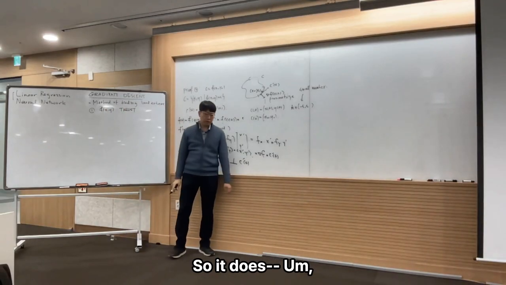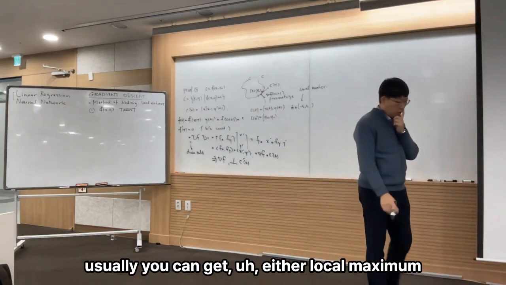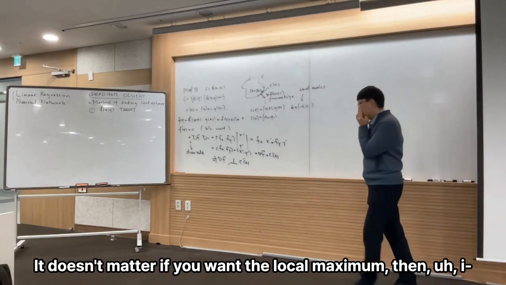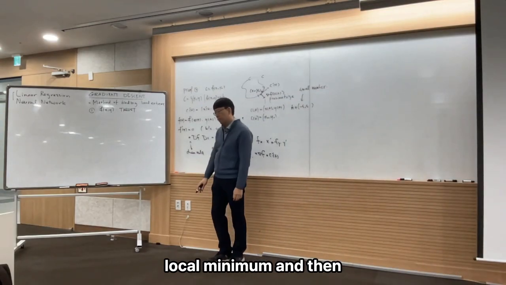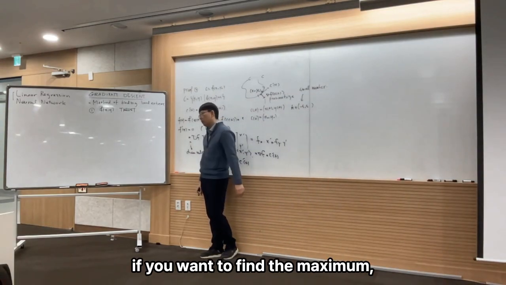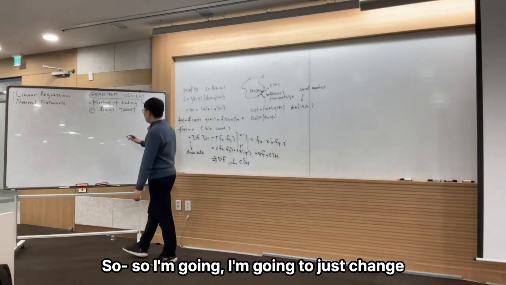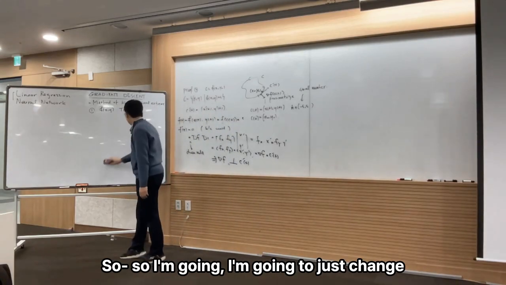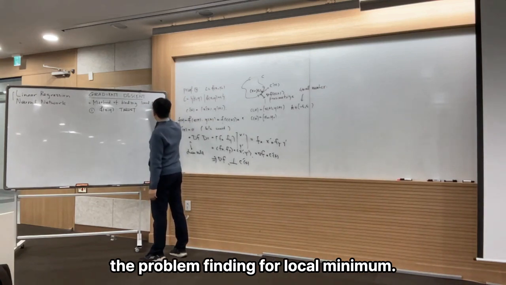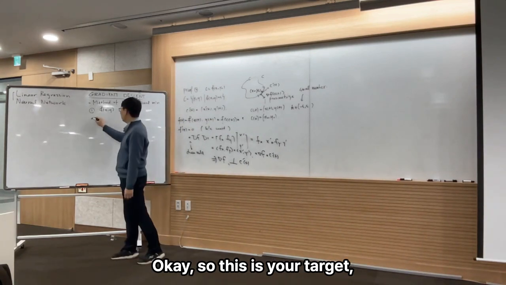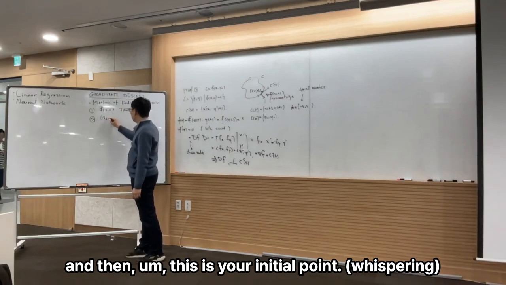Usually you can get either a local maximum or a local minimum, it doesn't matter. If you want the maximum, just take the negative sign of this function and you get the maximum. So I'm going to change the problem to finding a local minimum. This is your target, and then this is your initial point.